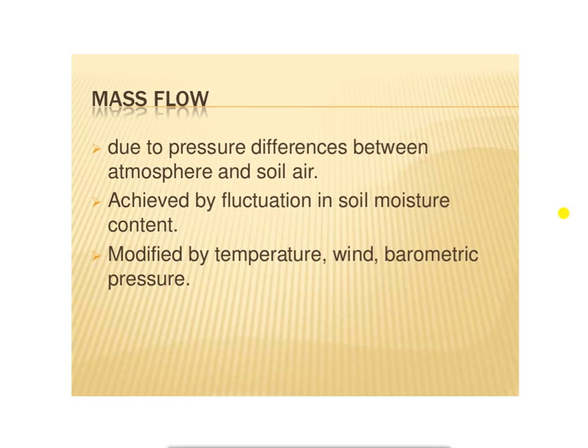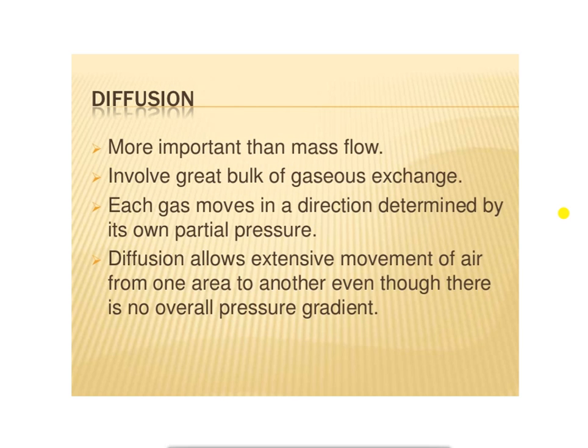It is due to pressure differences between atmospheric air and soil air, affected by fluctuation in soil moisture content and modified by temperature and pressure. Due to pressure differences, it creates rapid movement of gases from soil air to atmospheric air. That is mass flow.